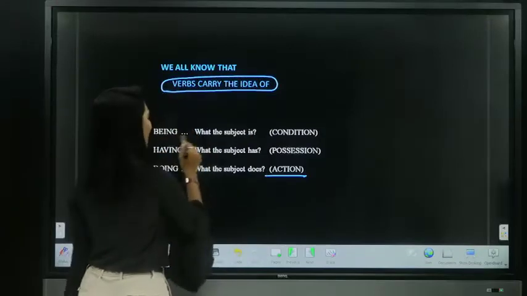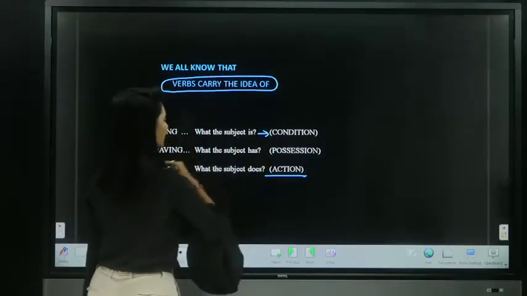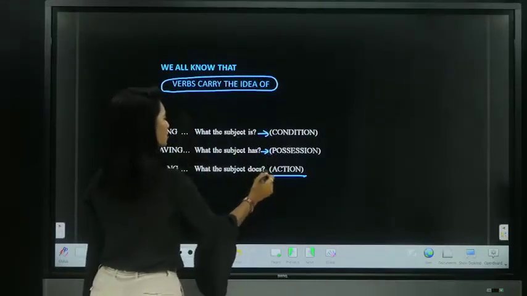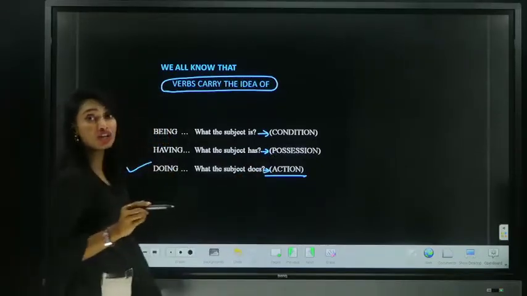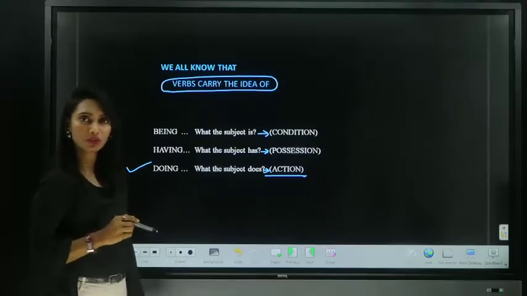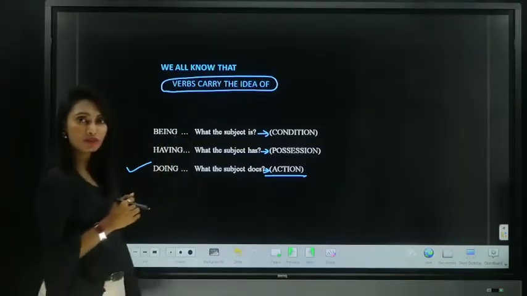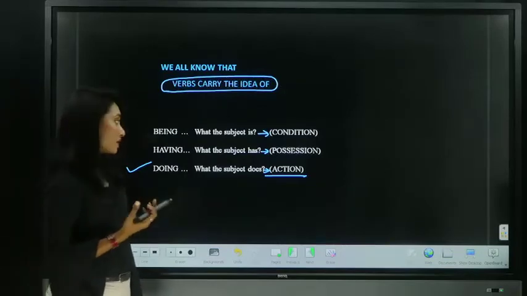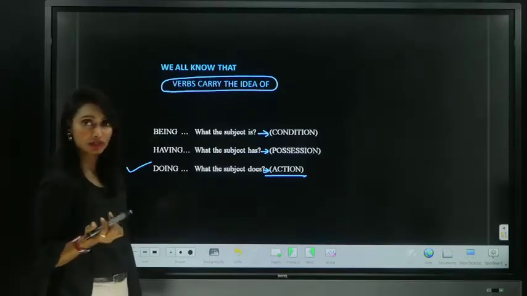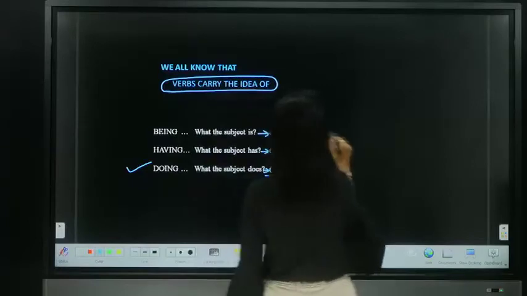Verb carries the idea of state of being, condition, state of having, possession, and state of doing, action. We did only action verbs. What about conditional verbs and possession verbs? What about be forms? The state of being.